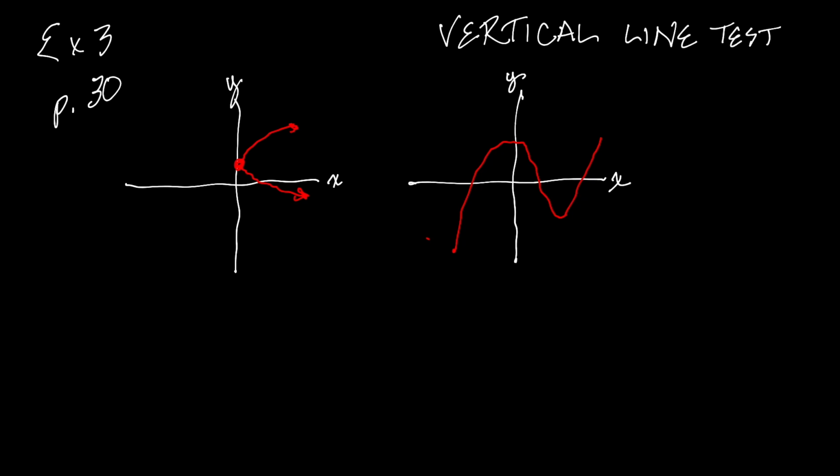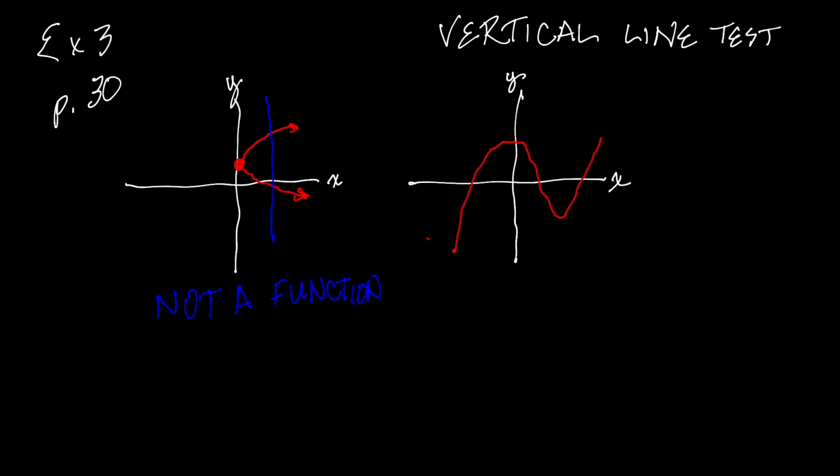If I dropped it on graph A, notice that it crosses in 2 points. It crosses here and it crosses here. So we would say it fails the vertical line test. And when it fails the vertical line test, then we know this is not a function. So jot that down.